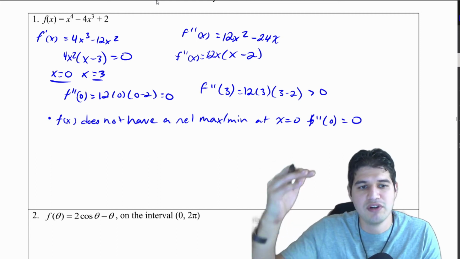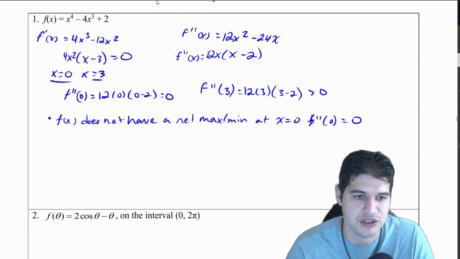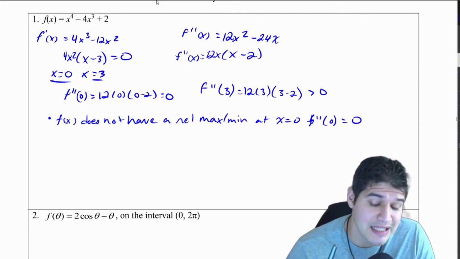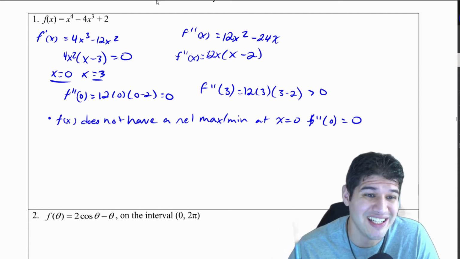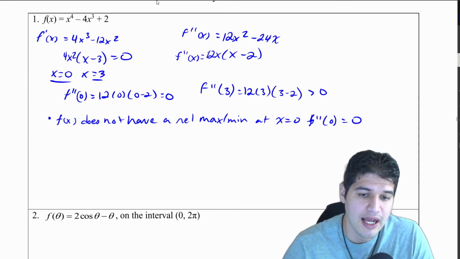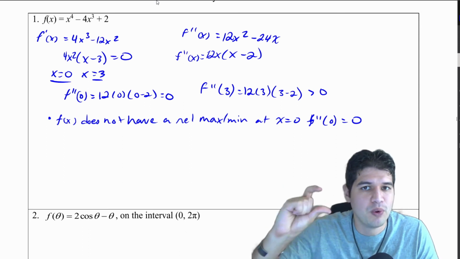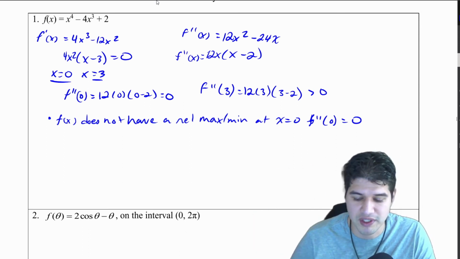It's neither concave up nor concave down, so it's not a maximum or minimum. In fact, if you graph this, you see that exactly at that point is a point of inflection. It's not at the top of a hill, it's not at the bottom of a valley, it's a point of inflection. And that's exactly what a point of inflection looks like.